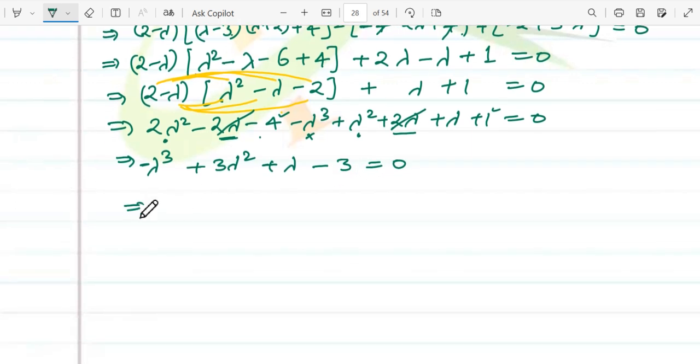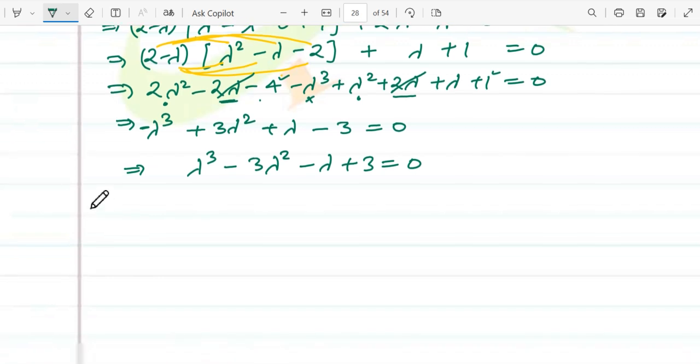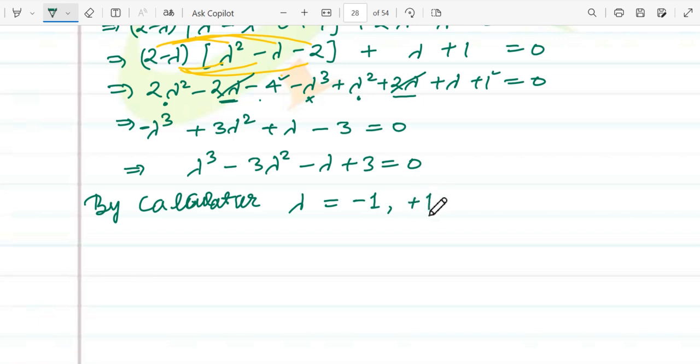Now multiplying negative sides, lambda cube minus 3 lambda square minus lambda plus 3 is equal to 0. By calculator, lambda is equal to minus 1, plus 1 and 3.